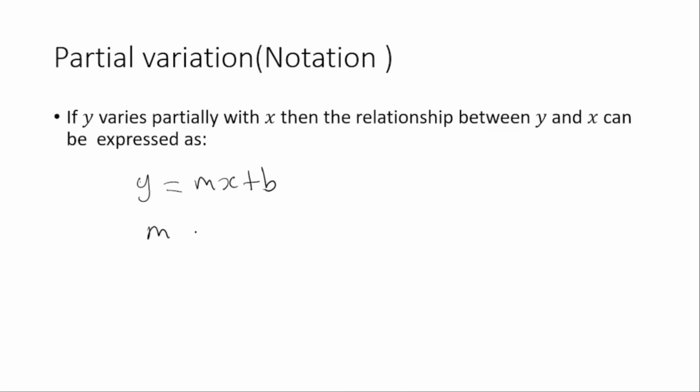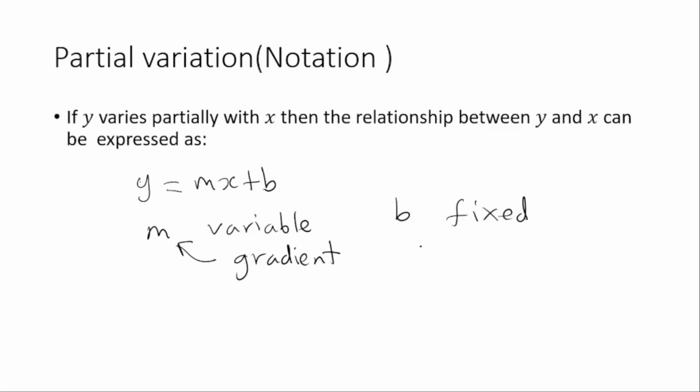The m part is the variable part, and this same m part is the gradient of the straight line that I was showing you previously. Then the b part is the fixed part, and it will be the y-intercept of that graph.